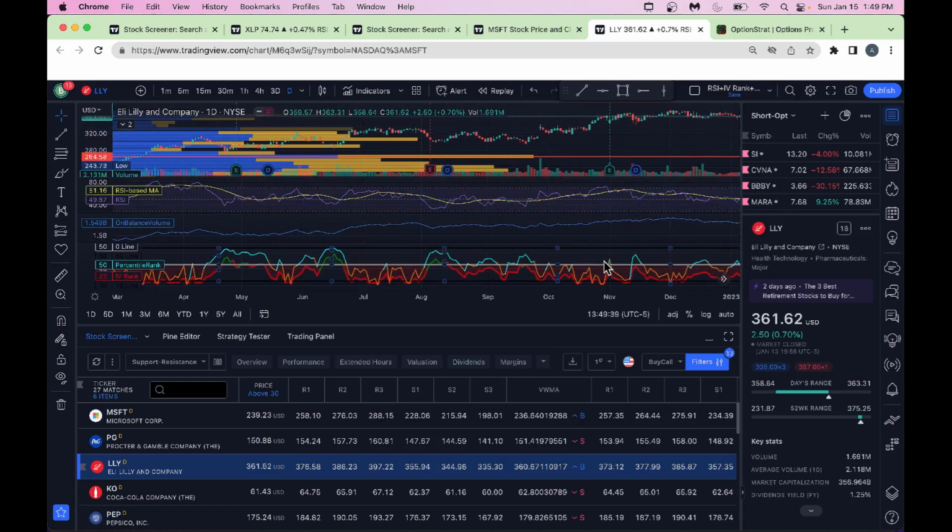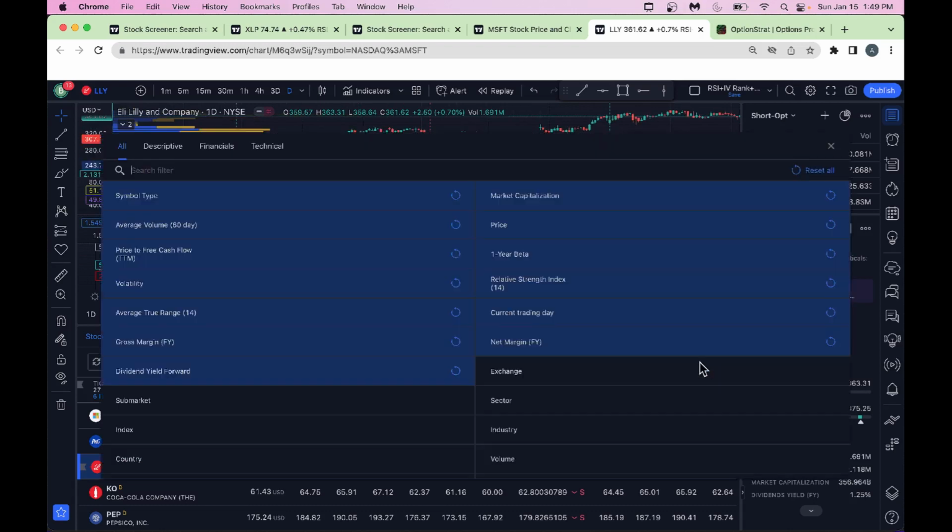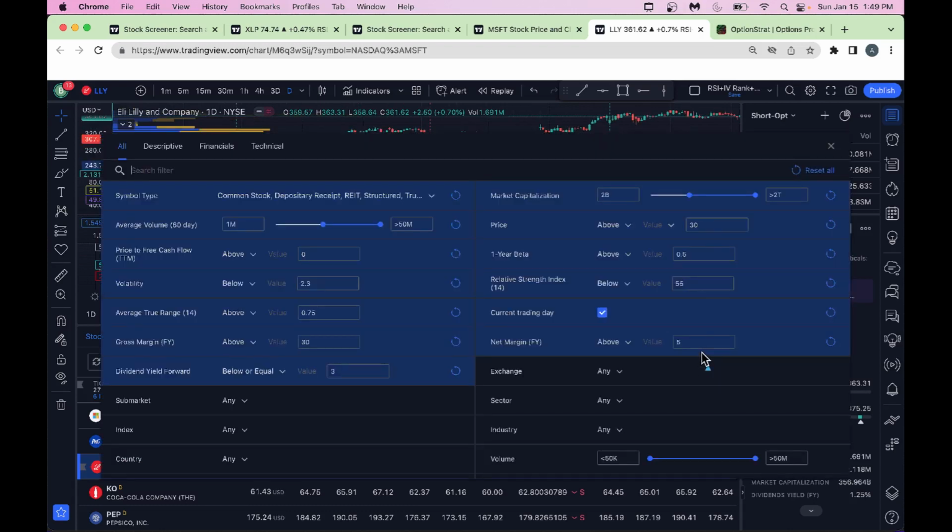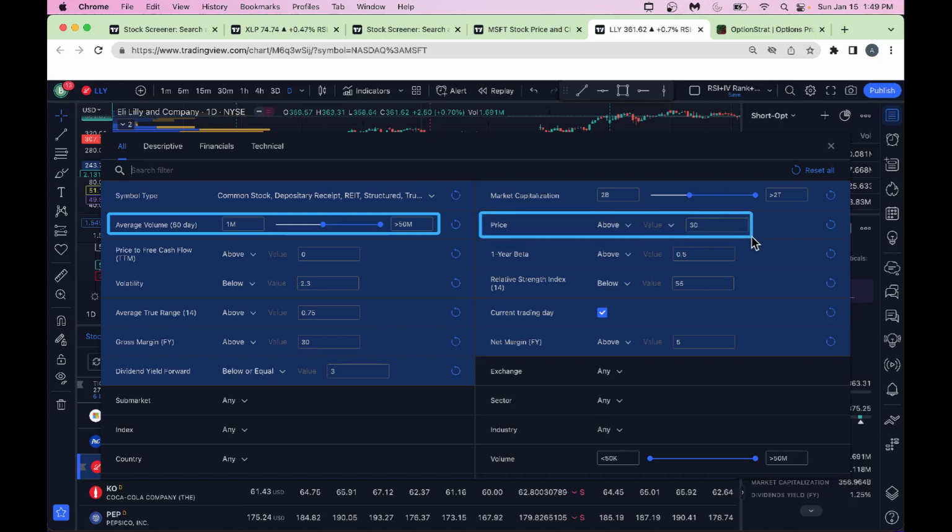So in summary, if I go back to my filter here, always make sure liquidity is king when you want to buy call options. That's why we have here the average volume of 1 million or more in a 60-day time frame, and we also have price more than 30, so we don't look at very low price stocks when you want to buy call options.